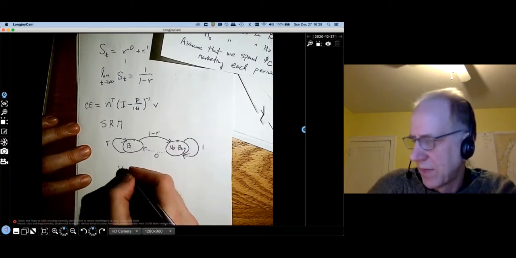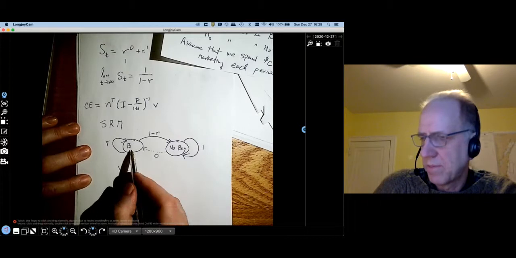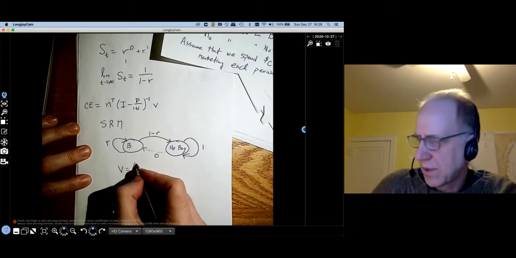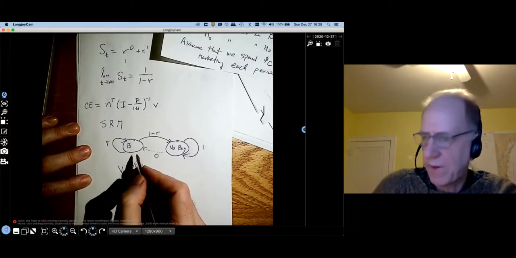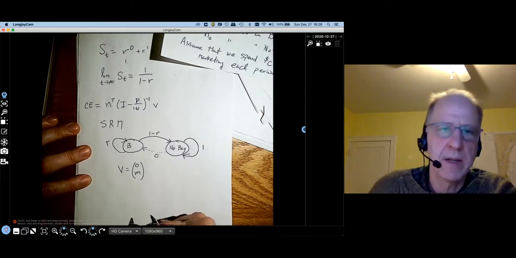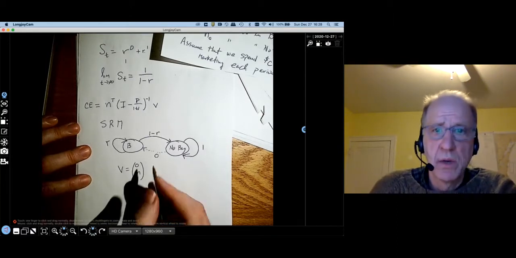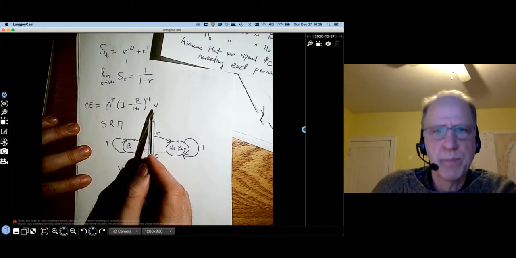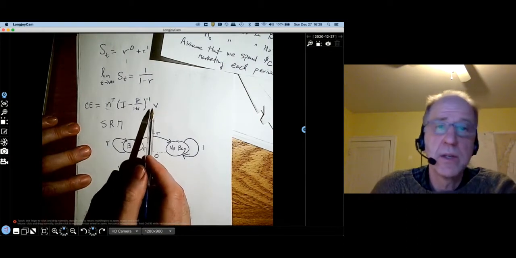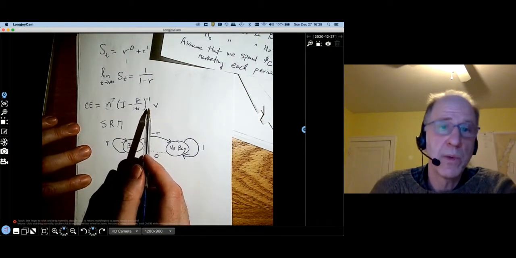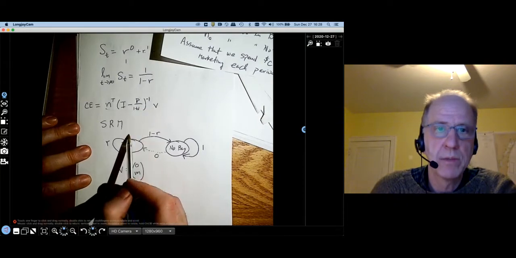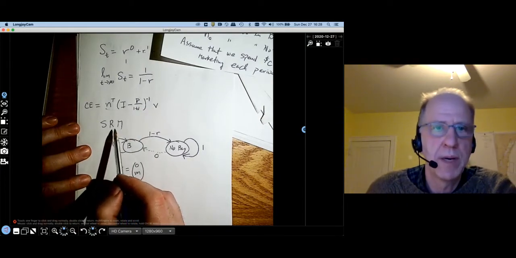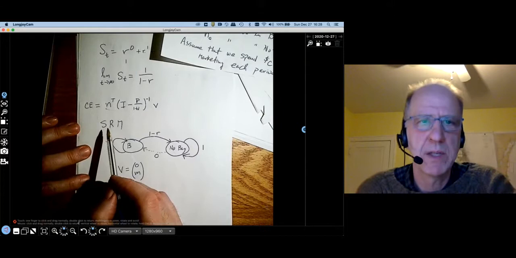If I'm in the no-buy state, you get $0 from me. If I'm in the buy state, you get M dollars from me. Work out this expression, and you'll see that you get exactly the same formula that we had back when we worked out the simple retention model using some messy algebra.